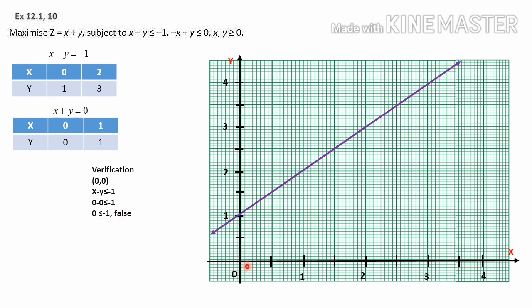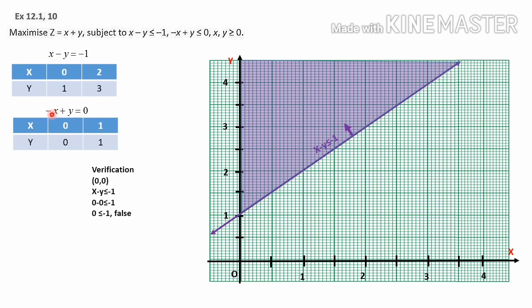This means this portion is not in the feasible region. So our feasible region will be opposite of this point, above this line. That portion we have to mark and label the line as x minus y less than or equal to minus 1, and shade it.